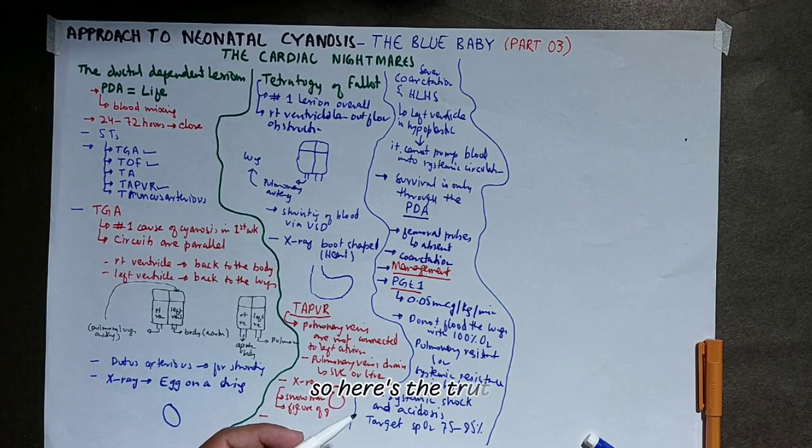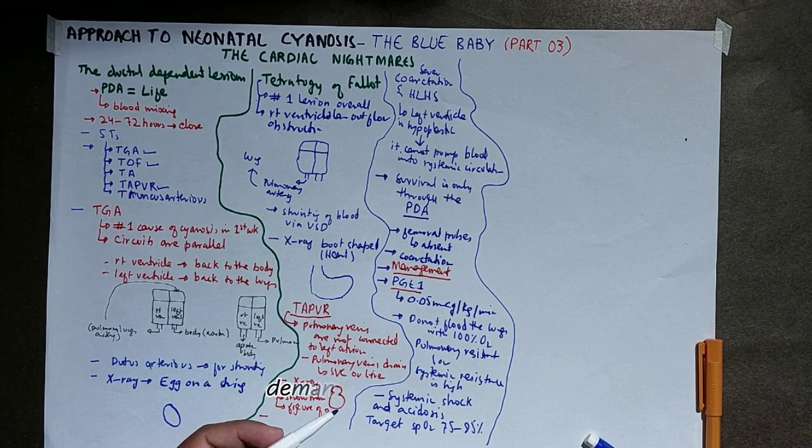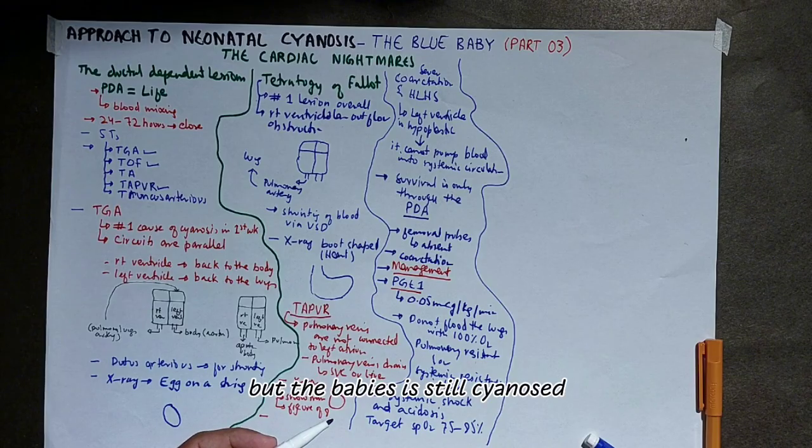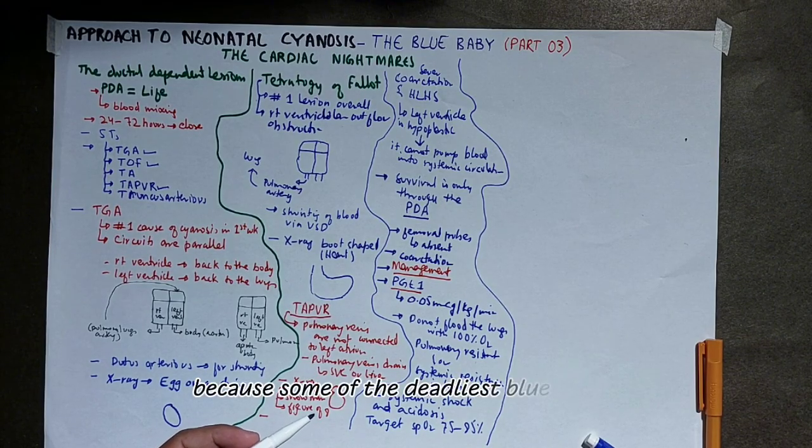So here's the truth. The heart lesions are the nightmares we fear most. They crash fast. They demand prostaglandin now. But once you have ruled out all of them, once the echo is normal but the baby is still cyanosed, your job is not done, because some of the deadliest blue babies are not cardiac at all.